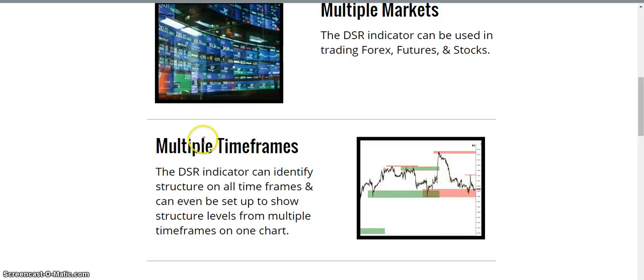As indicated, it appears on multiple time frames. I currently use mine on the daily time frame because my trading rules are based on a daily chart. However, you can put it on a 4-hour chart, a 1-hour chart, 15-minute chart, weekly chart. It doesn't matter, you just change the time frame to suit your needs.